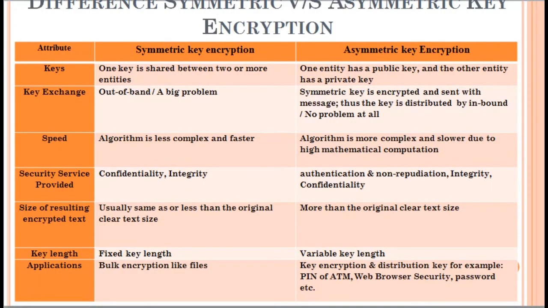Now the difference between symmetric and asymmetric key encryption. In terms of key, symmetric key encryption uses the same key and asymmetric key encryption uses different keys, one a private key and the other a public key. When we talk about key exchange, in symmetric key encryption it's a big problem because the same key is used by the sender and receiver and the communication media is insecure.